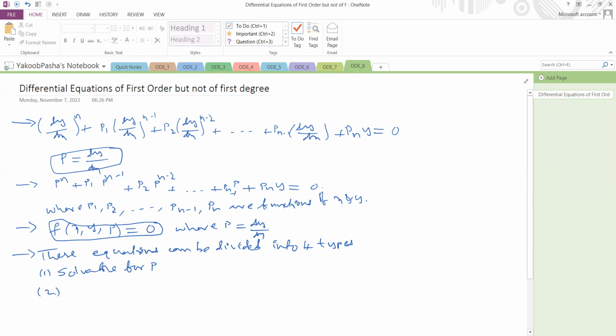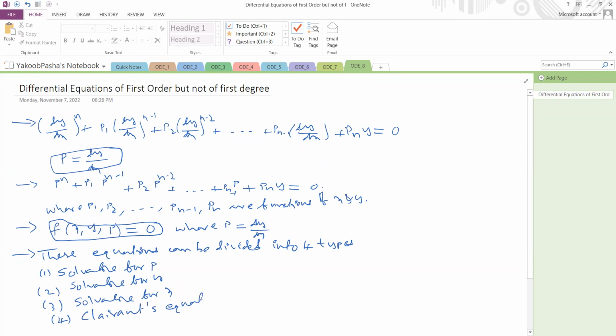Second one, equations solvable for y, and the third one is equations solvable for x, and the fourth one is Clairaut's equation.